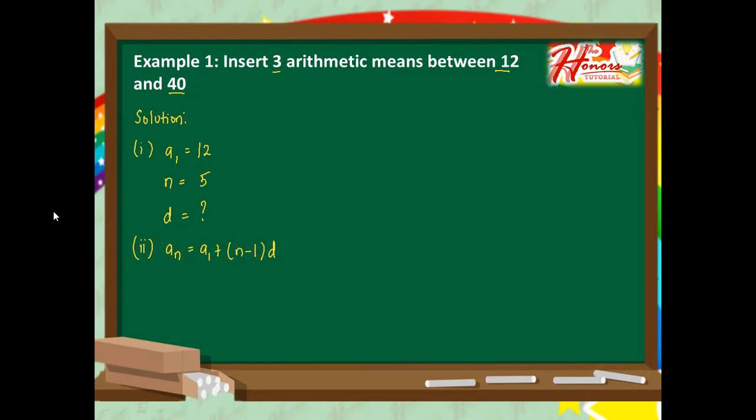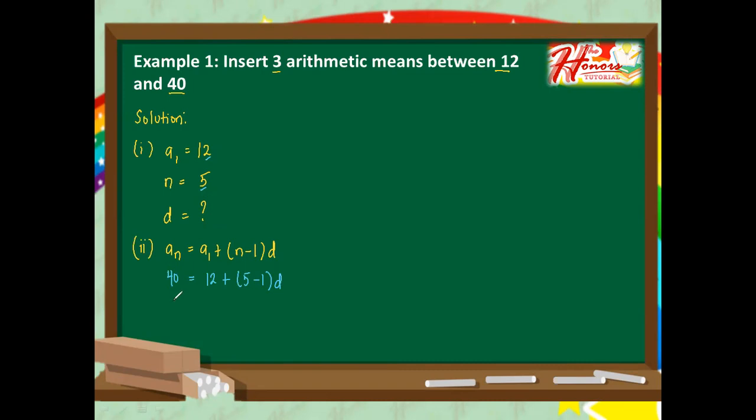So we will be writing 40 here, equals a sub 1. A sub 1 is 12. So we have here 12 plus n. So that is 5. So we have here 5 minus 1. For d, we don't know it yet. So we have here d.